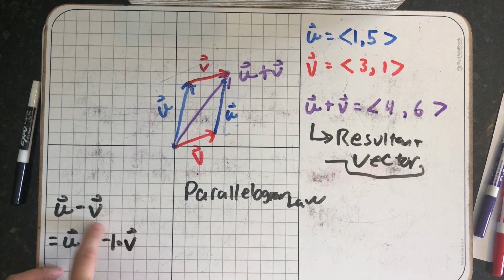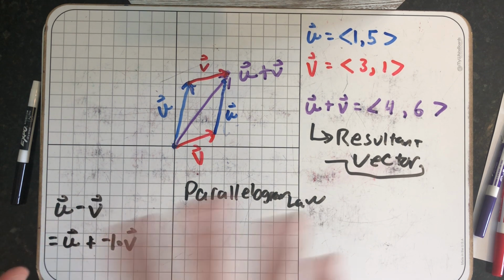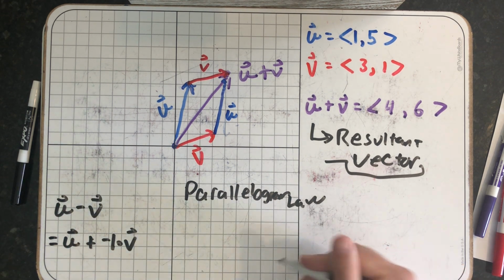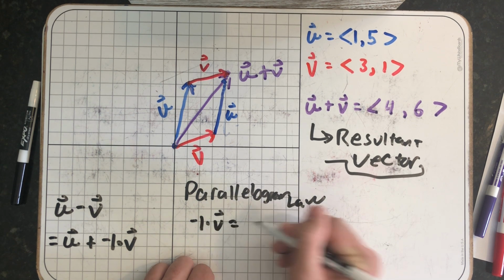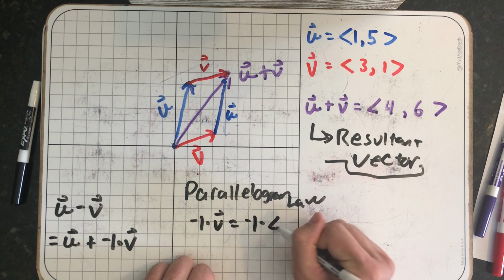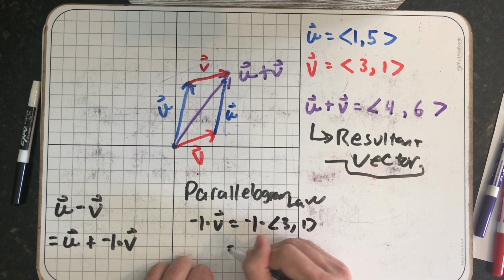But u minus v should be the same thing as u plus minus 1 times v. I do have a rule for multiplying a vector by a scalar, and a rule for addition, so subtraction is going to work out the way we would make it up to. Minus 1 times v would be minus 1 times 3 comma 1.